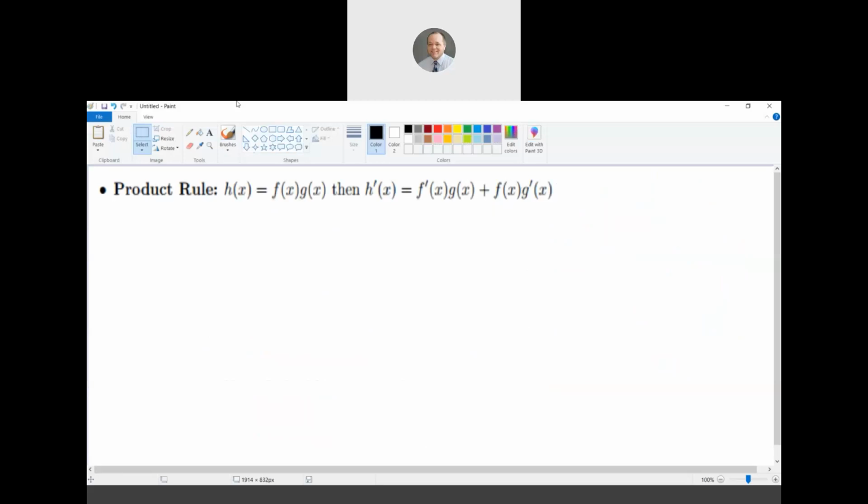Product rule: if you have a function h of x equal to two different functions, f of x times g of x, then to find the derivative, h prime of x, you take the derivative of f, whatever it is, times just g of x, the original g, plus the original f of x times the derivative of g of x.